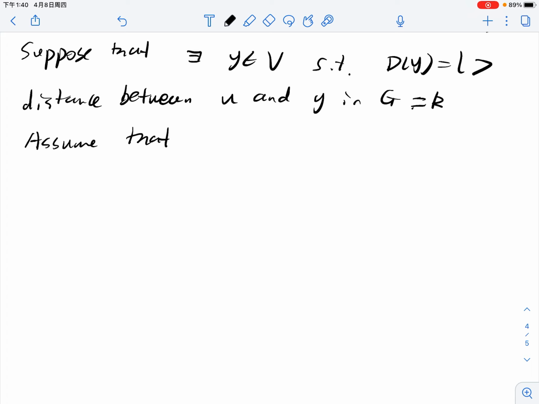So assume that k is the smallest number with this property.